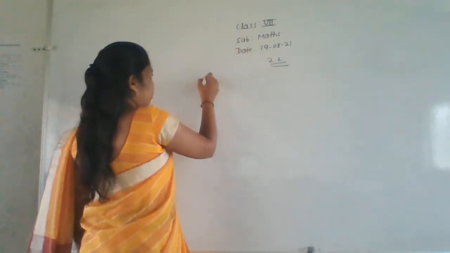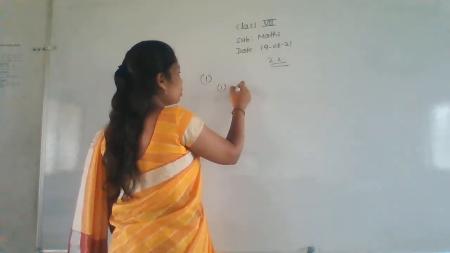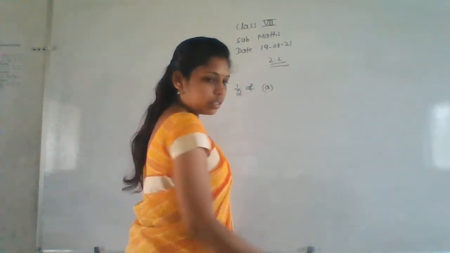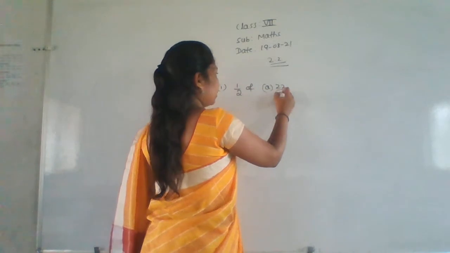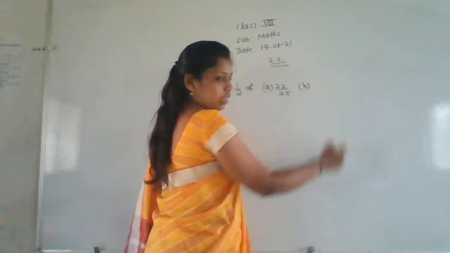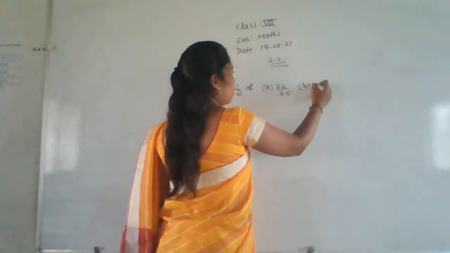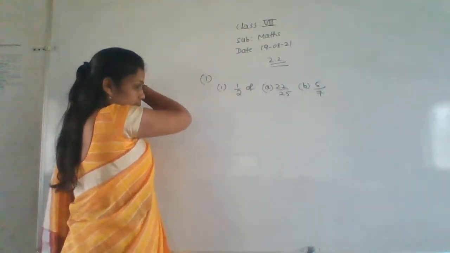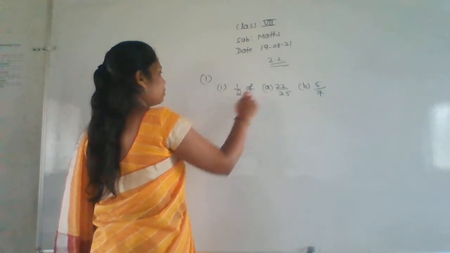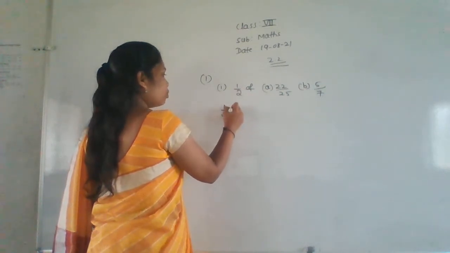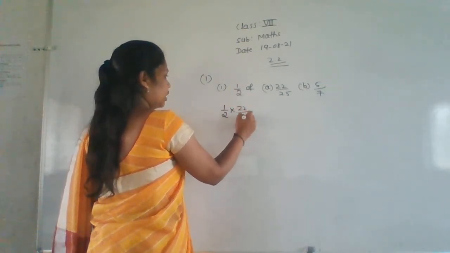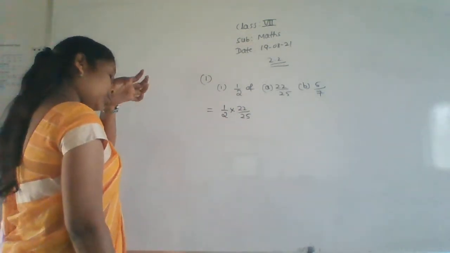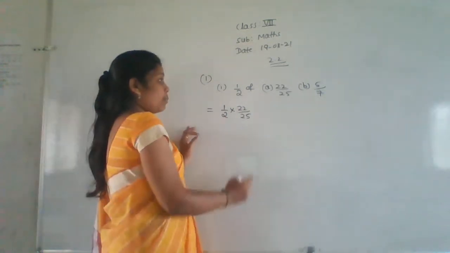So now multiply: 1 by 2 of this means 1 by 2 into 22 by 25, right?